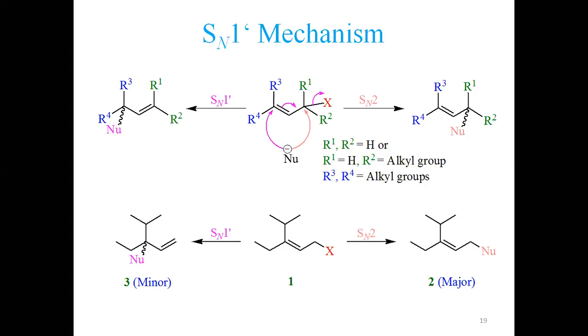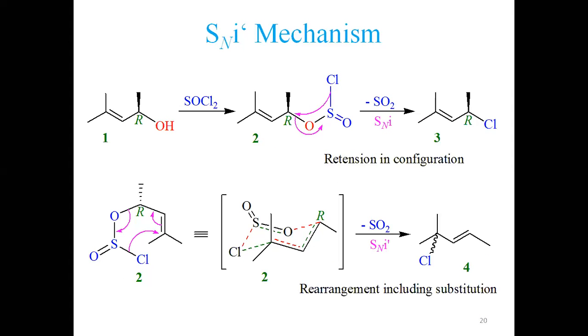And similarly, look at the SNi mechanism. In the next slide, this is the SNi prime mechanism. So what is an SNi mechanism? If you have come across the SNi mechanism, take a normal substrate, let's say there is no double bond present here. Any alcohol shall react with thionyl chloride, SOCl2, to generate this bond.